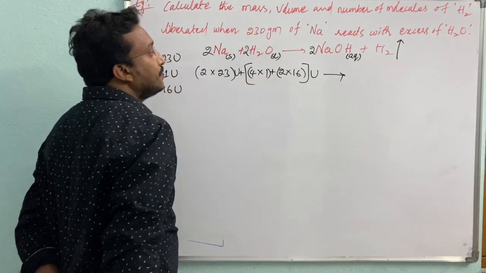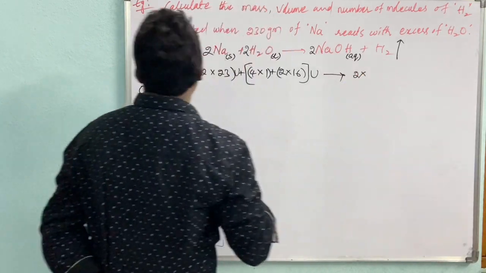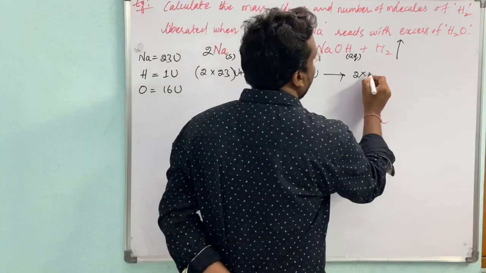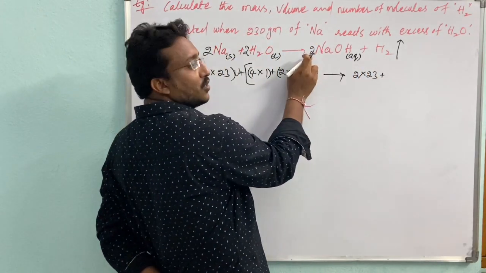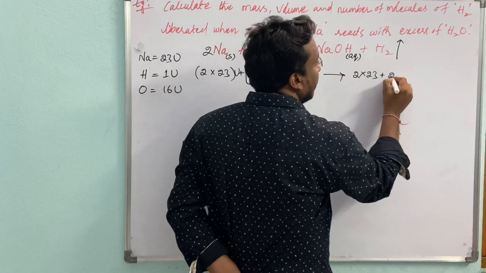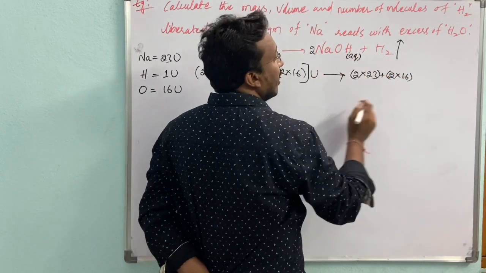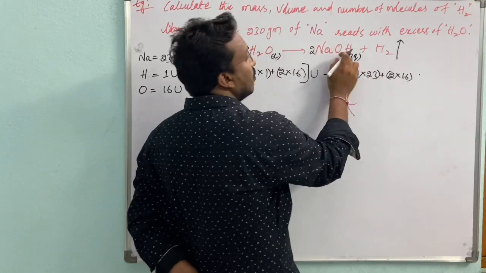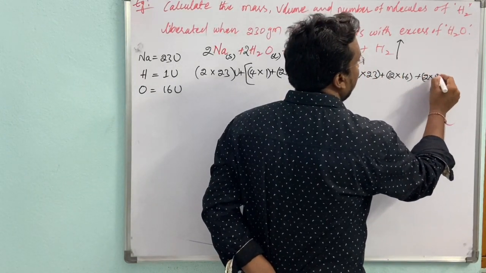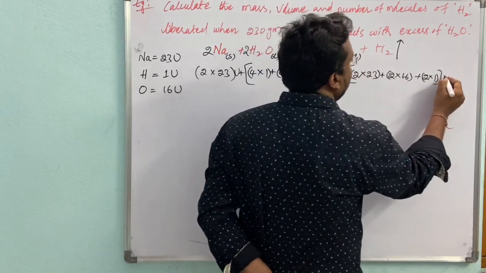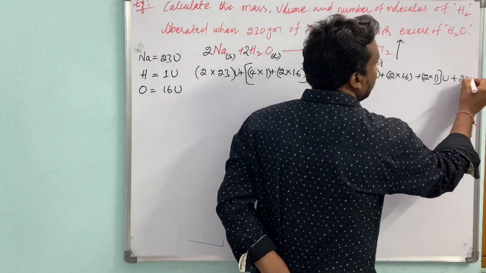This gives rise to 2 into sodium's 23, plus oxygen, 2 into 16, and 2 hydrogens, plus 2 into 1, plus hydrogen gas, that means 2 hydrogen atoms, 2 into 1.